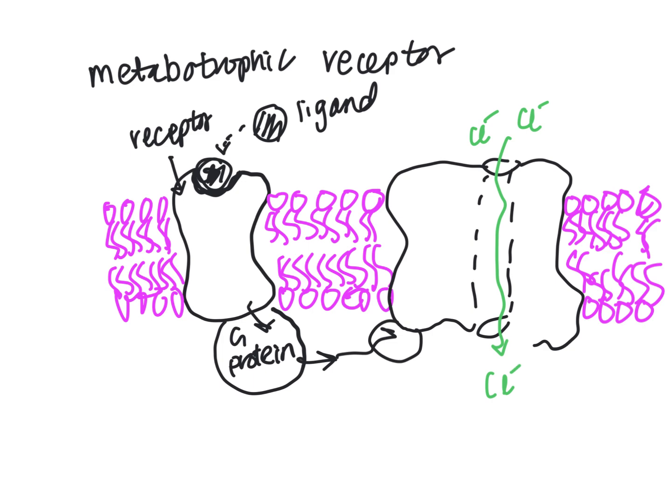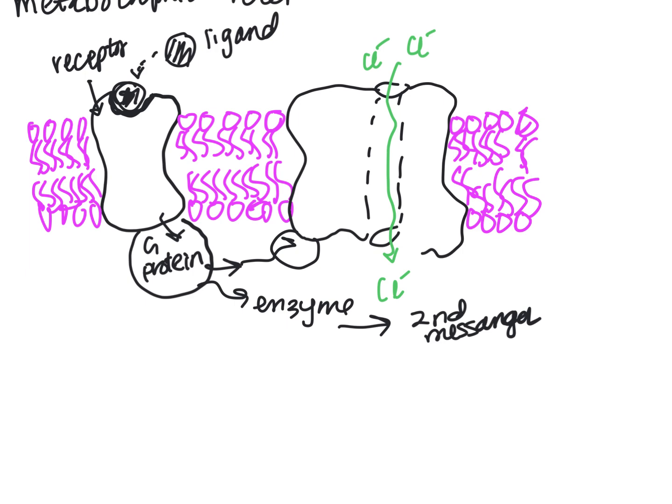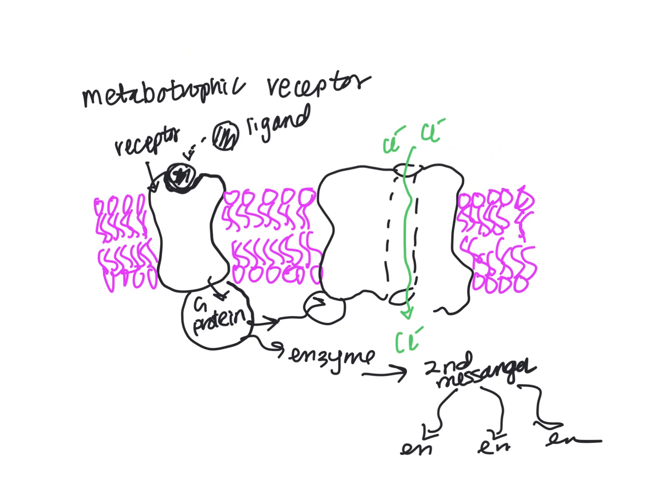It's possible that the G protein could activate an enzyme that then creates second messengers, and essentially all throughout the cell, other enzymes are activated, and there's a signal that gets propagated all the way through the cell.